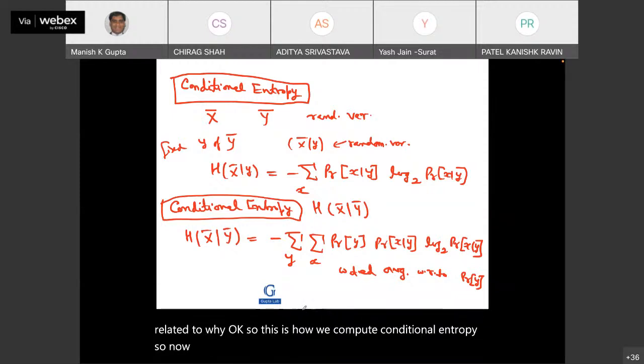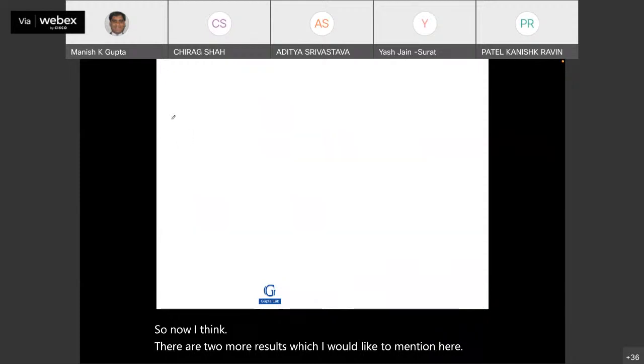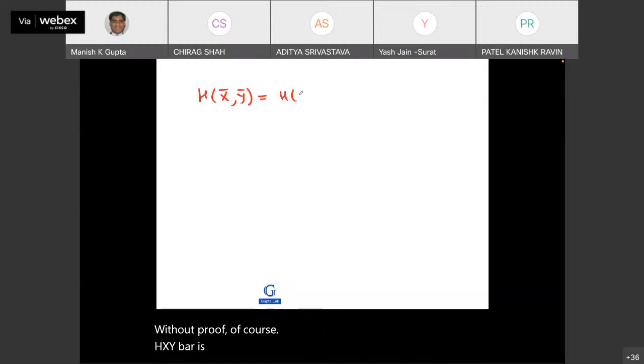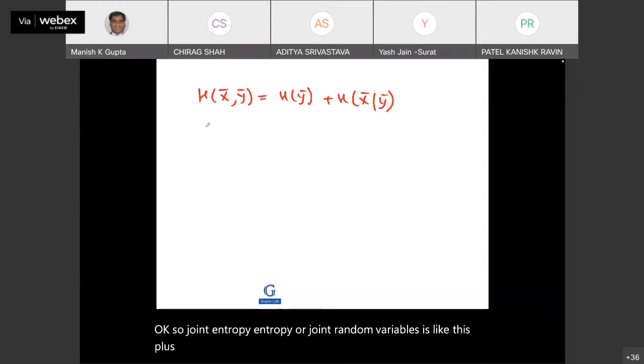So now I think there are two more results which I would like to mention here, without proof, of course. H(X,Y) is equal to H(Y) plus H(X|Y). So the joint entropy of joint random variables is this plus the conditional entropy. This is one result.